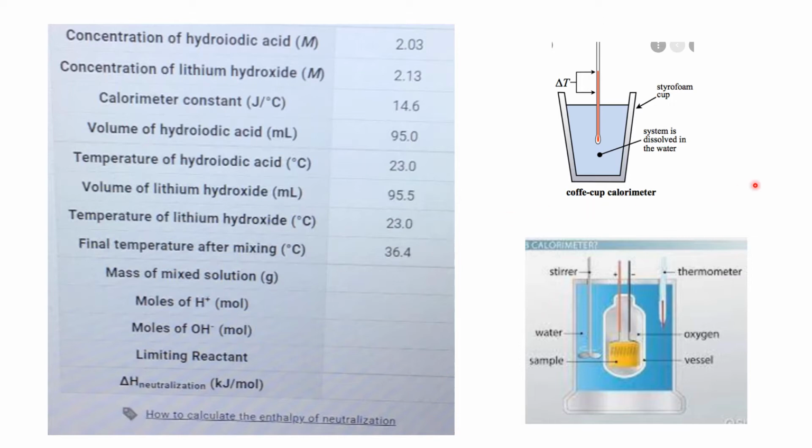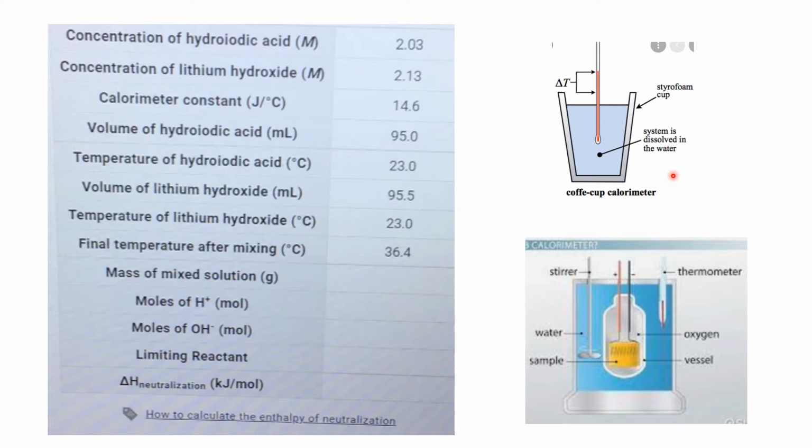Now, punta muna tayo sa calorimeter. Yung simpleng setup, like sa laboratory, it consists of a coffee cup, which is made of styrofoam cup. Hindi naman masyadong nag-release ng heat yung styrofoam, pero meron pa rin heat na na-absorb yung styrofoam.